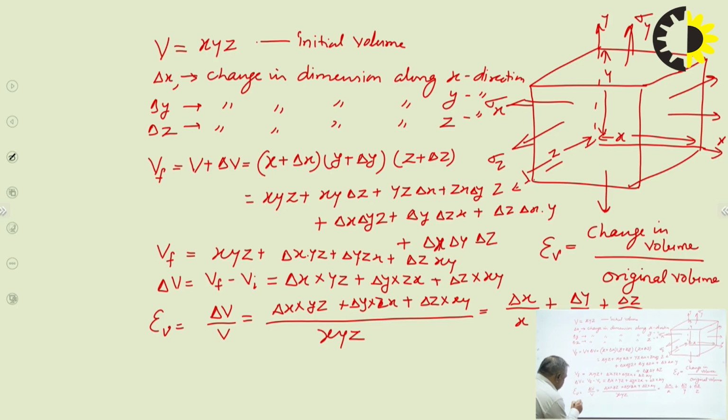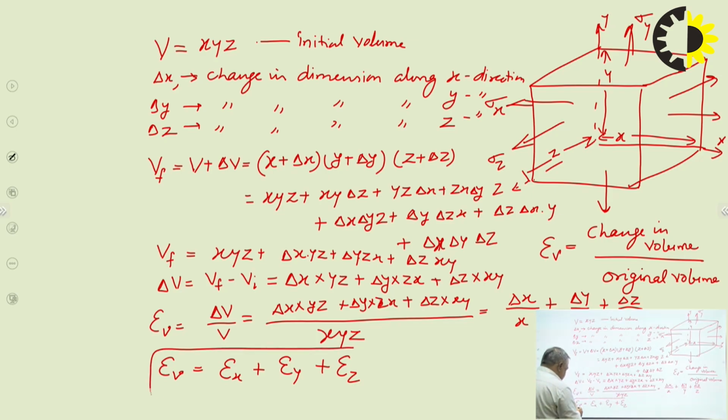So what is epsilon V? This is epsilon x, that is delta x upon x, net strain along the x direction, plus epsilon y, the net strain along the y direction, plus epsilon z, the net strain along the z direction.